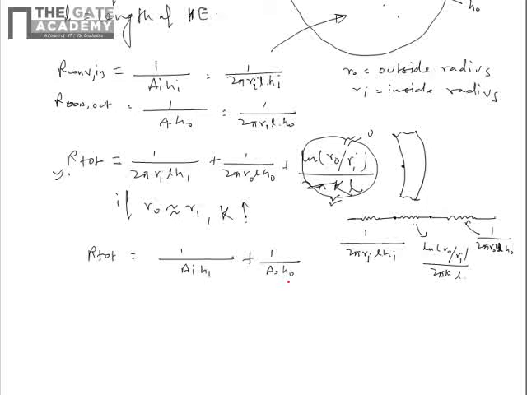Or in terms of the total or overall heat transfer coefficient, U is nothing but 1 by A R total.